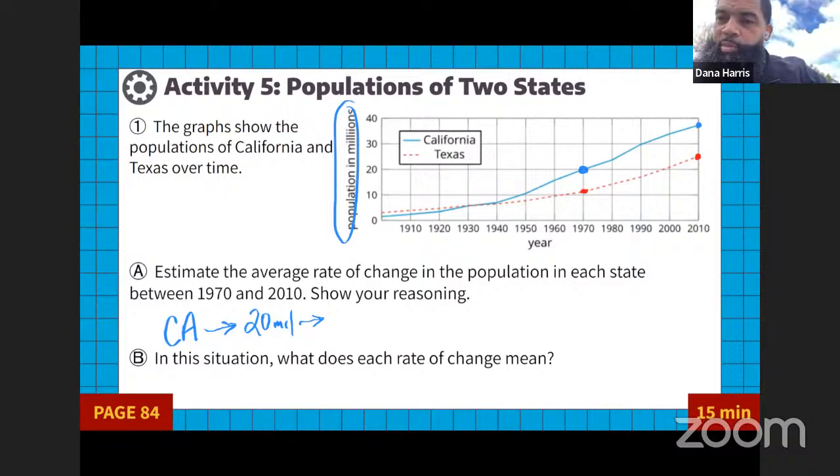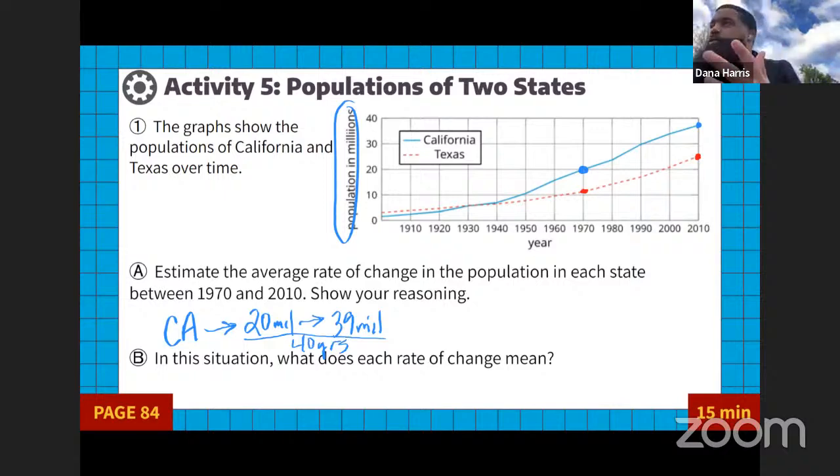Let's just say 39 million. And that is from 1970 to 2010, that's 40 years. If we round it, it's going to be approximately 40 million, right?